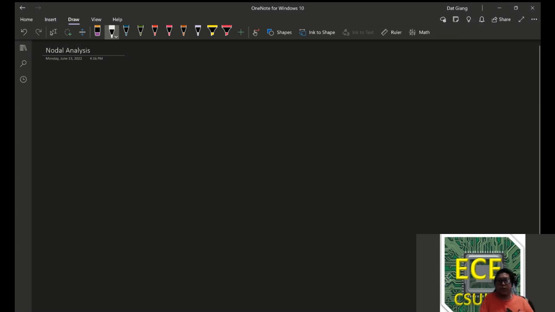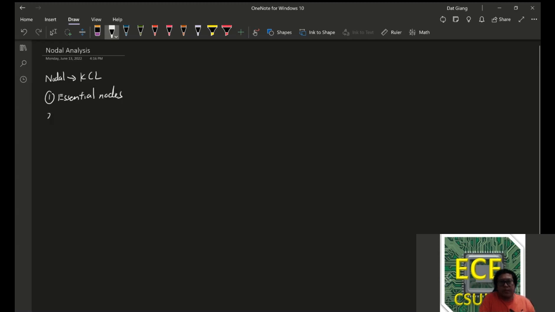One of them is nodal analysis. So nodal analysis is based on KCL, hence the name node. And we want to do a few things with nodes. One, we have to only identify essential nodes.